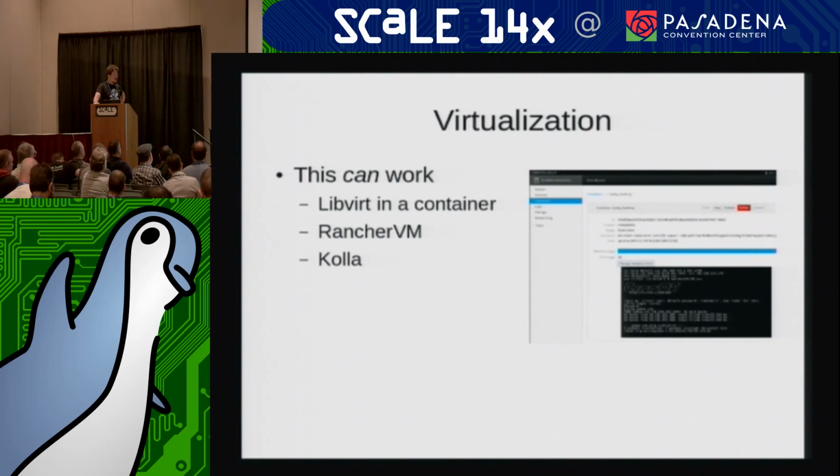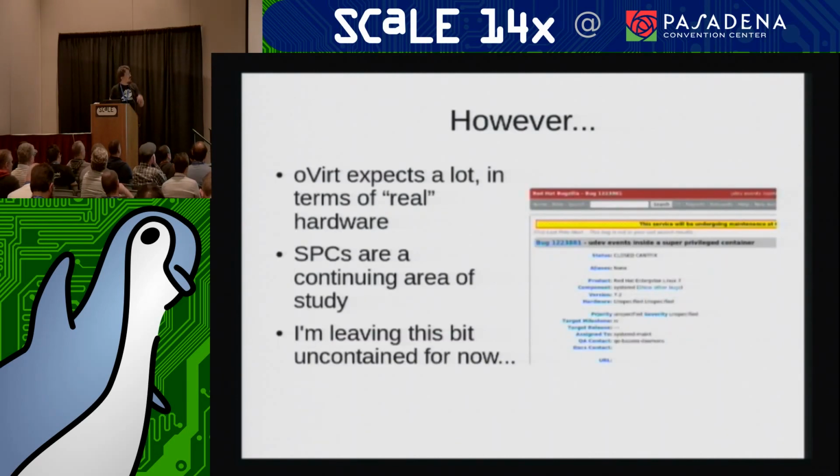Rancher Labs has this RancherVM where you run virtual machines in containers. The Kolla project is part of the OpenStack Big Tent, one of the smaller mini projects in there, all about running OpenStack in containers. The problem, though, is that for oVirt, it's not working.